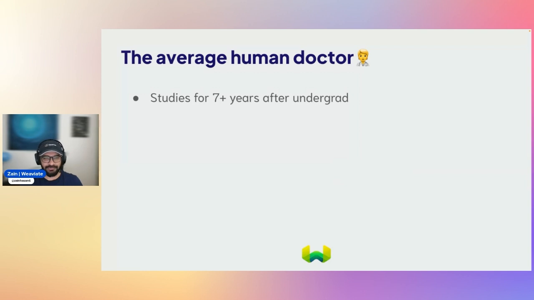The average human doctor, at least in North America, studies for 7+ years after undergrad, so the total study period is about 11 years. In their entire lifetime as a doctor, they see about 100,000 patients. So when you walk into the doctor's clinic next, they're going over everything that they've learned and all the patients that they've seen, trying to understand which of those experiences are relevant to your use case and which ones are irrelevant.